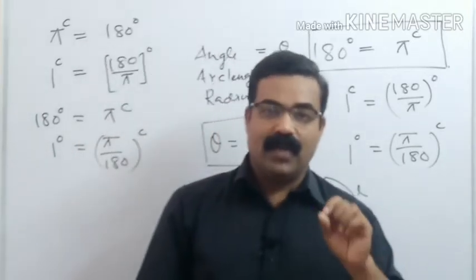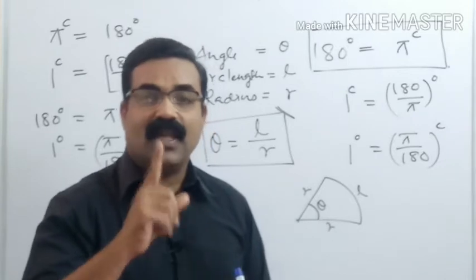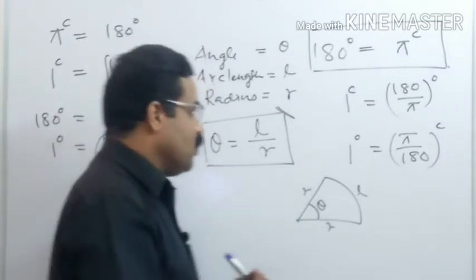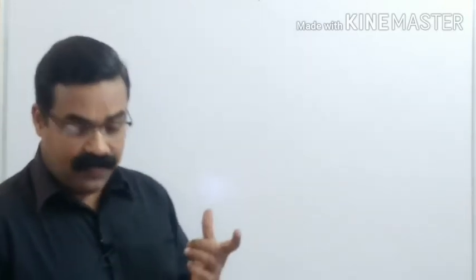So theta is equal to L by R. Based on this, let us go to our first exercise 3.1 from your NCERT book. Let us solve some important questions selected from the first exercise of chapter 3, exercise 3.1.